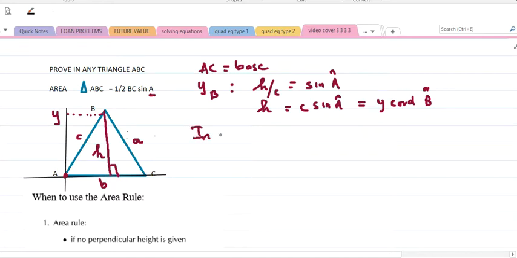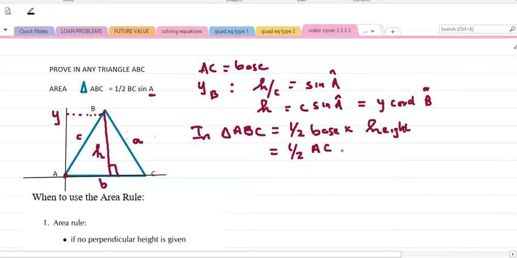So in triangle ABC, as we stated, the area is equal to half the base times the height. As we said before, if you look up above, that AC is the base, so it is half AC times the height, which is h.